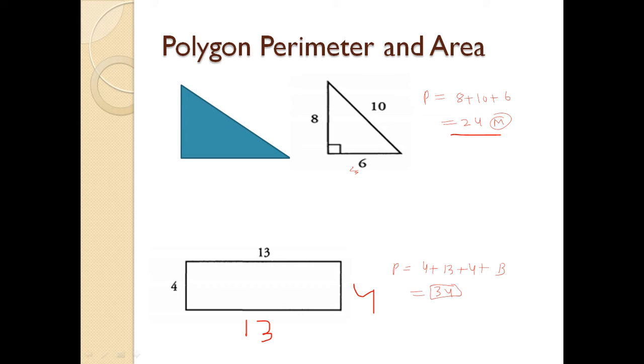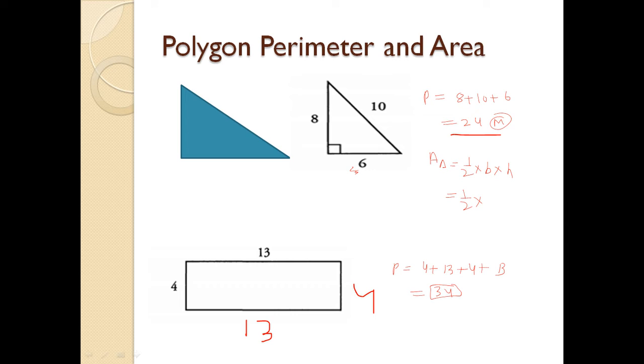Now the question is how we will calculate the area. The area of a triangle is 1 by 2 base into height. Base is this 6, and height is the perpendicular on this base, which is 8 as given.